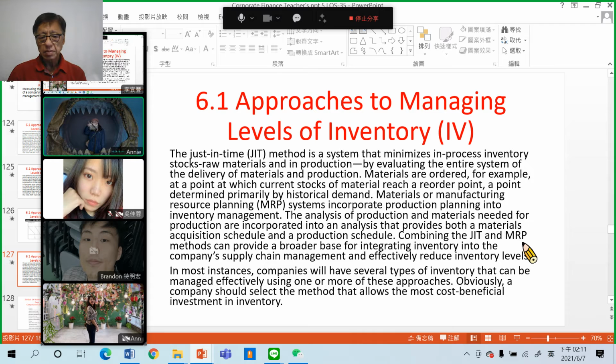Combining the JIT and MRP methods can provide a broader base for integrating inventory into the company's supply chain management and effectively reduce inventory levels. In most instances, companies will have several types of inventory that can be managed effectively using one or more of these approaches. Obviously, a company should select the method that allows the most cost-beneficial investment in inventory.